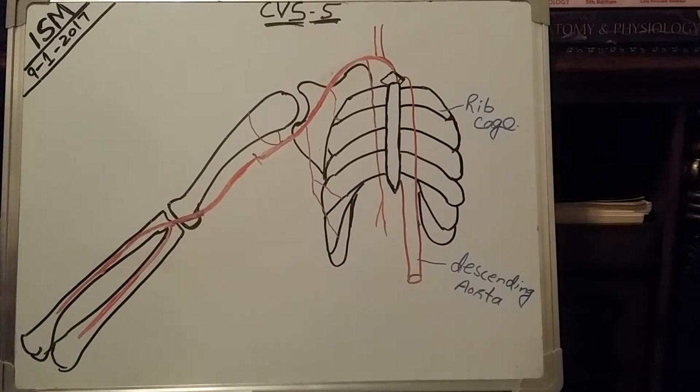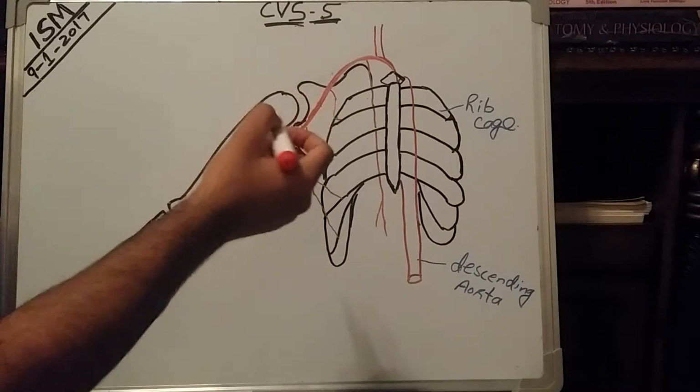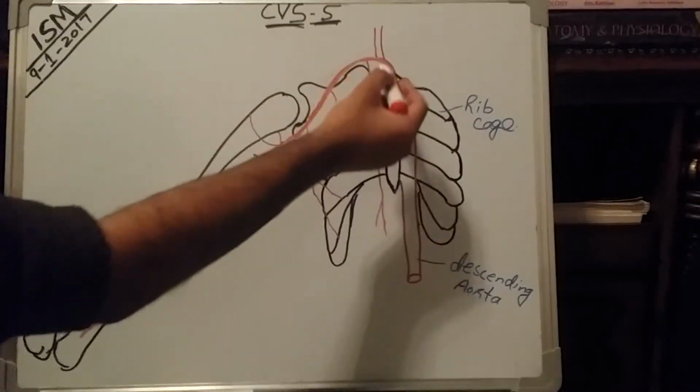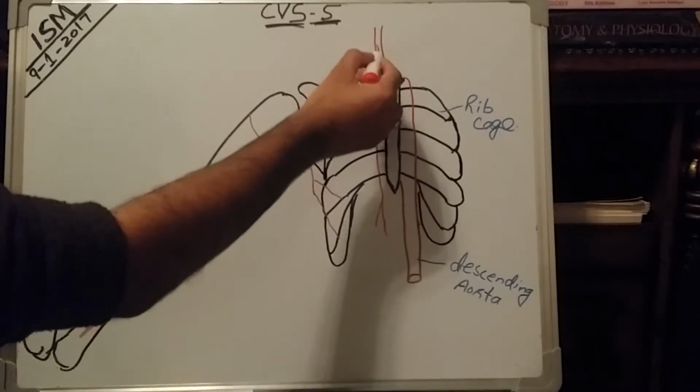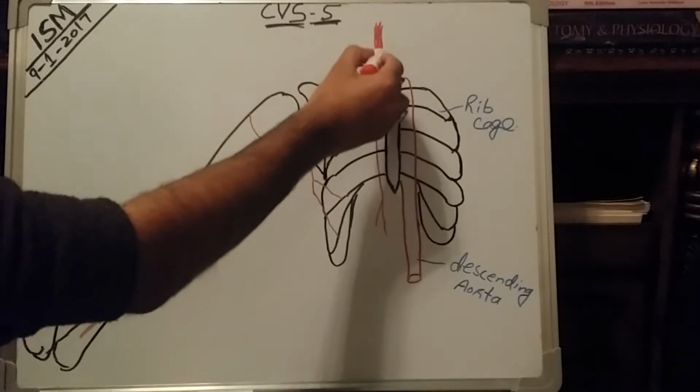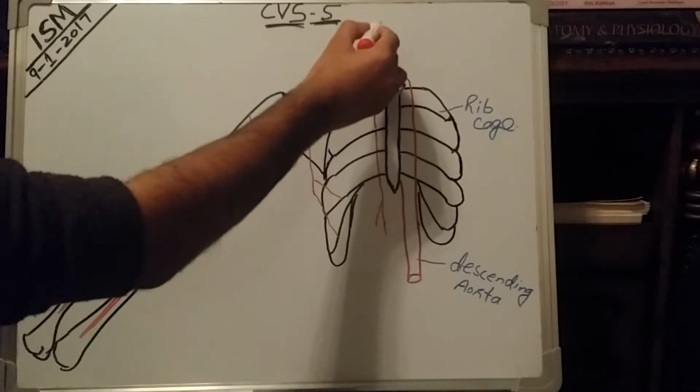As we know, the first portion of the subclavian artery gives rise to different branches. One of them we discussed in our previous lectures. The first one is the vertebral artery, which moves upward.